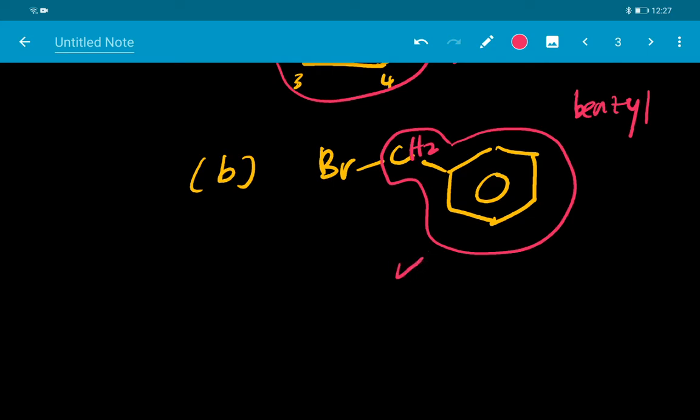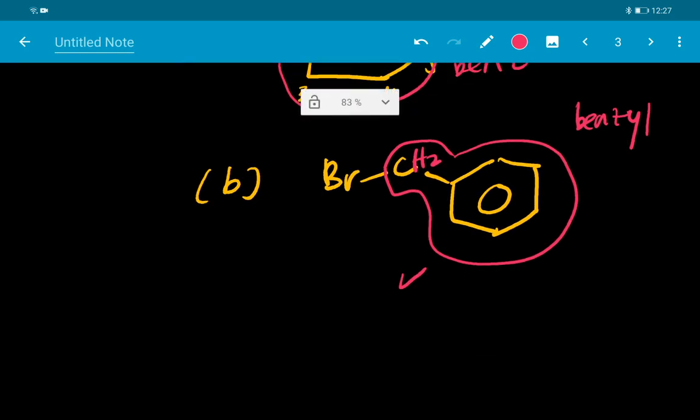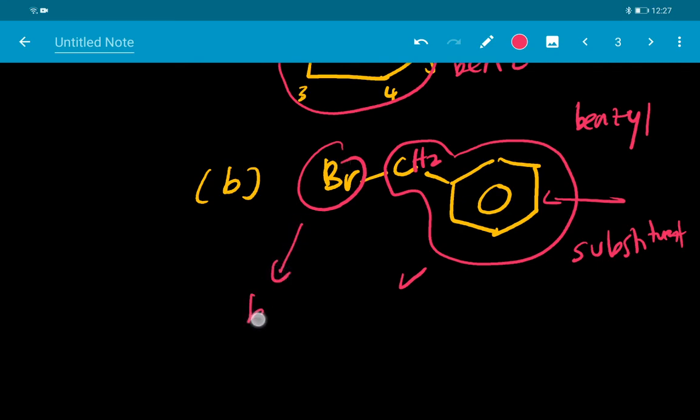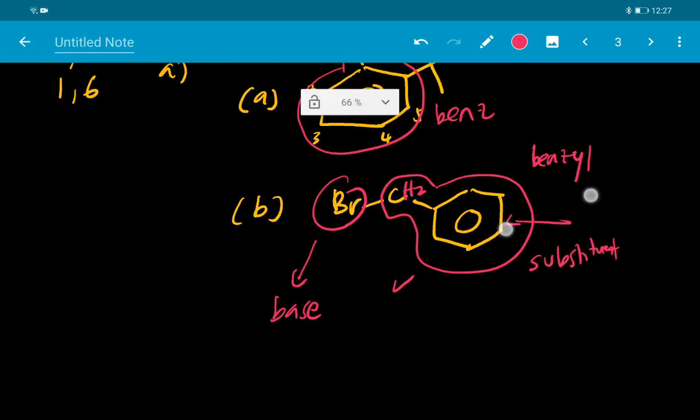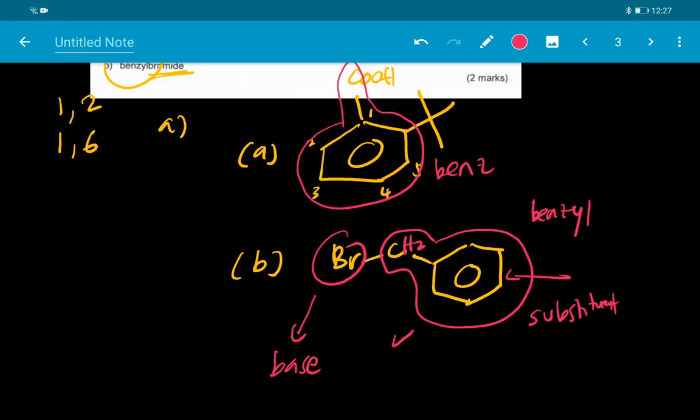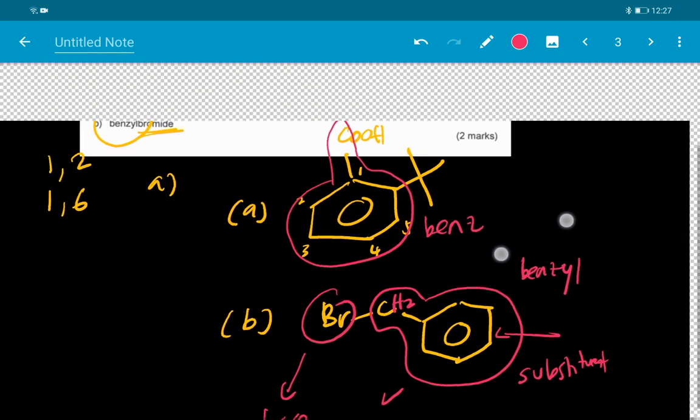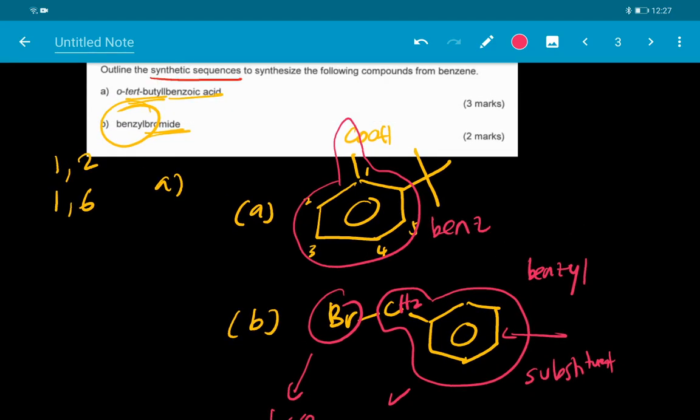So this is the structure of benzyl bromide. In this case, the benzene compound is acting as a substituent, while the bromine will become the base compound or the parent compound. Okay, there you have it, the two structures of ortho tertiary butyl benzoic acid and also benzyl bromide.